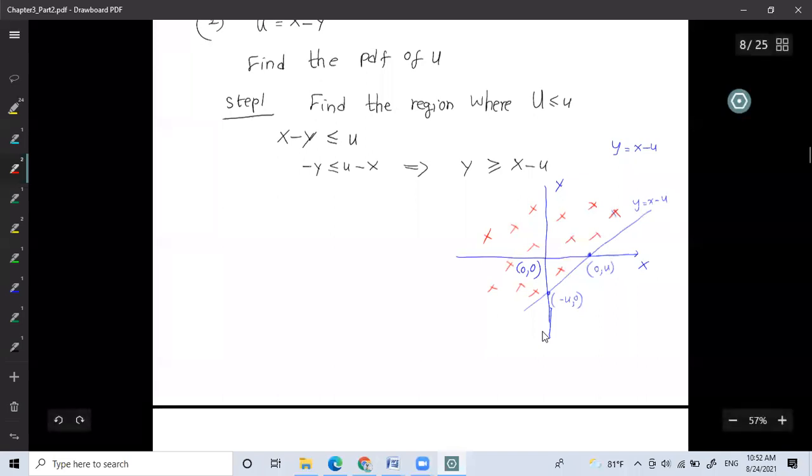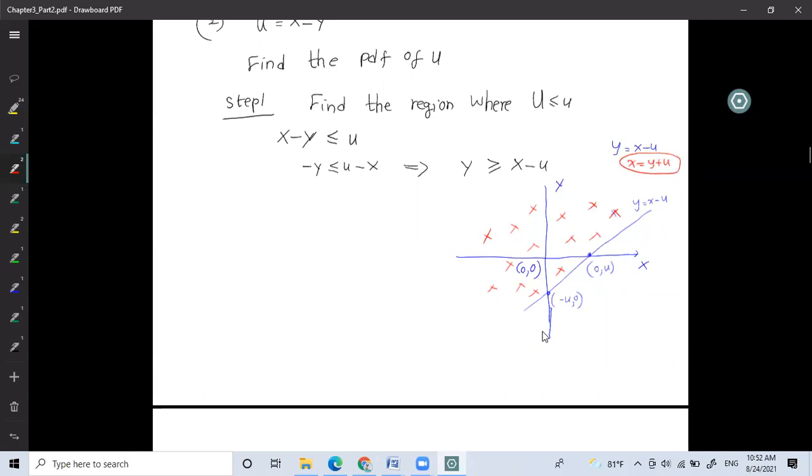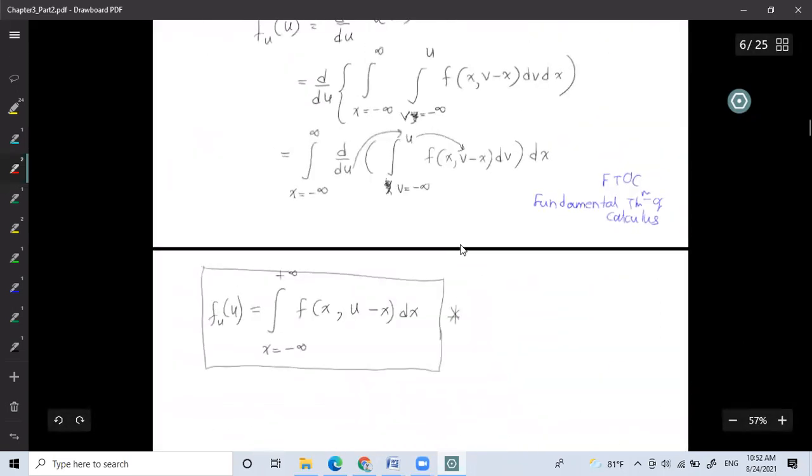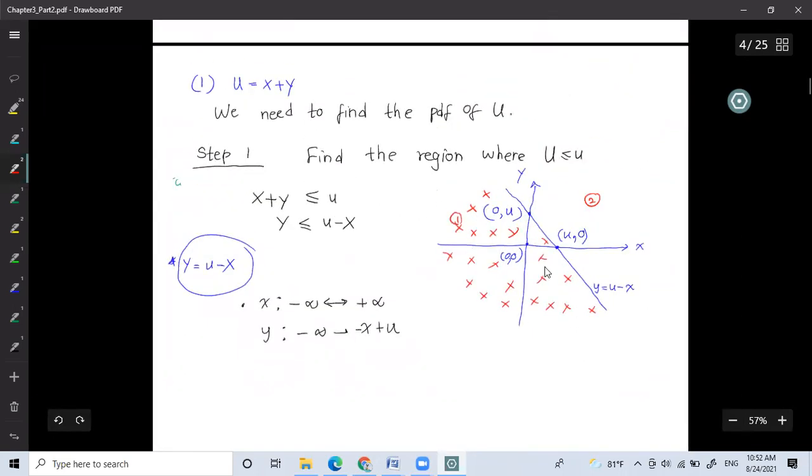Okay. So if y is x minus u, what is x? x will be y plus u. You will need this when you take the limit. Now this time we are going to do everything with respect to x. The previous one, we chose to slide this line along the x-axis and gave the freedom of x to change from negative infinity up to plus infinity.